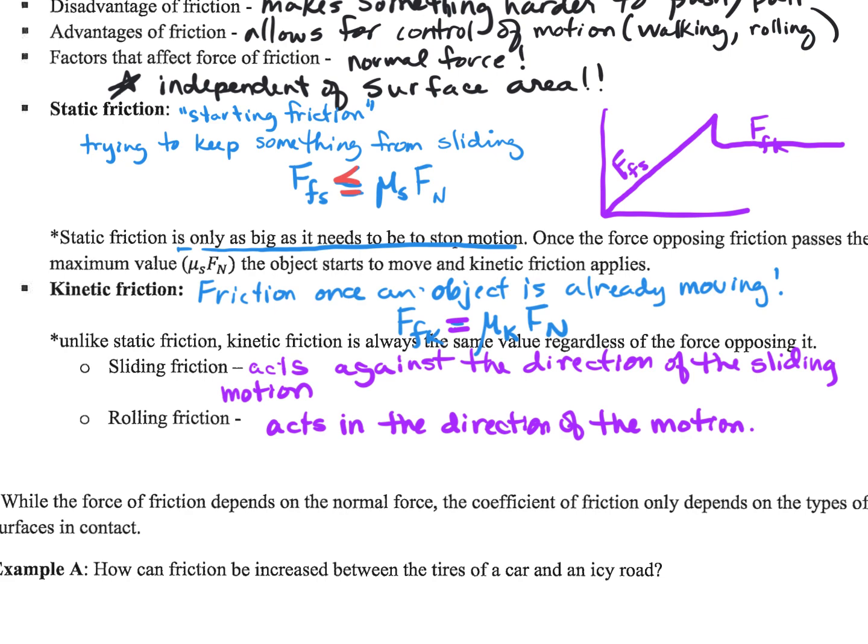So do you see what that means? It is technically acting in the direction the car is moving, or the object is rolling, but it is actually, in fact, acting opposite the direction of the actual rolling object itself. Okay? So what I said at first stands, but it's very important that you understand that.